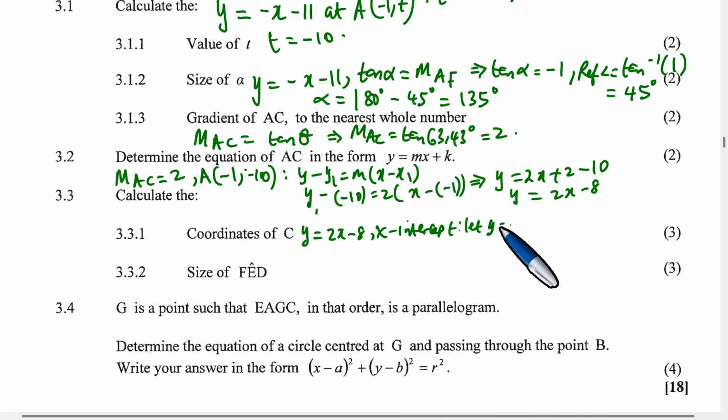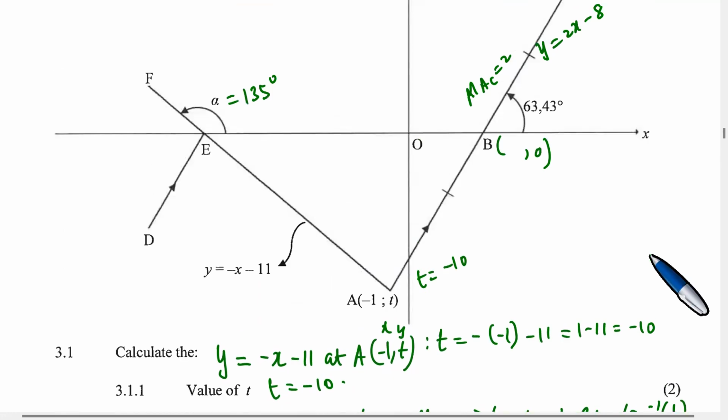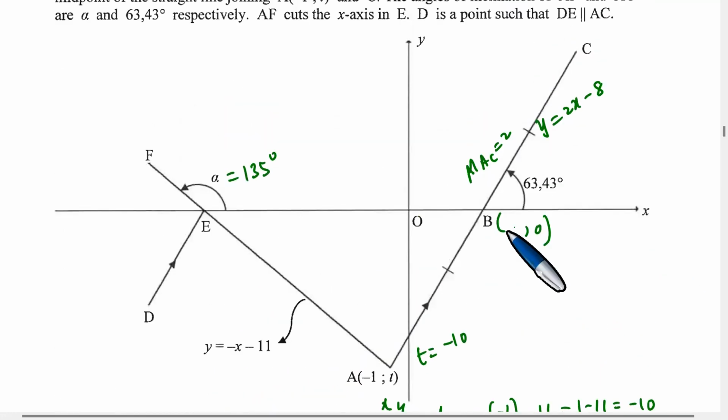You let y be equal to 0. If y is 0, you have 0 equals 2x minus 8. And this means 2x is equal to 8. Divide by 2, both left and right, dividing 8 by 2, we get x equals 4. And this basically is x at the point B, the x-intercept we are looking for. So we put x at B is 4.